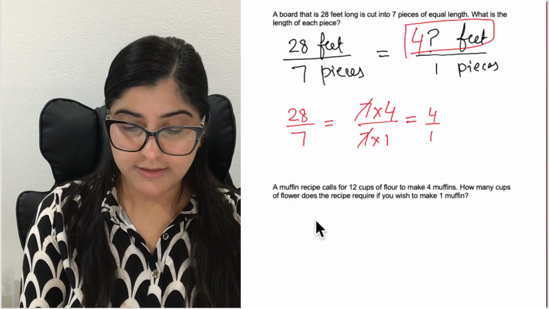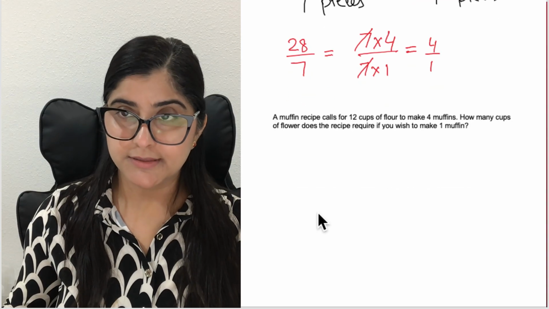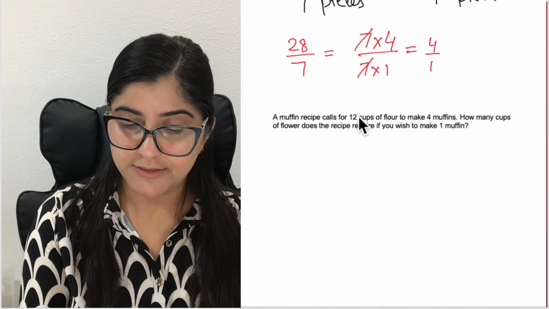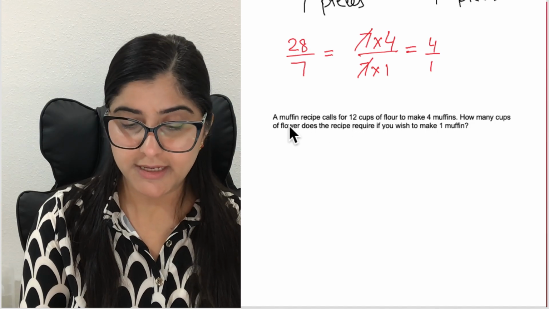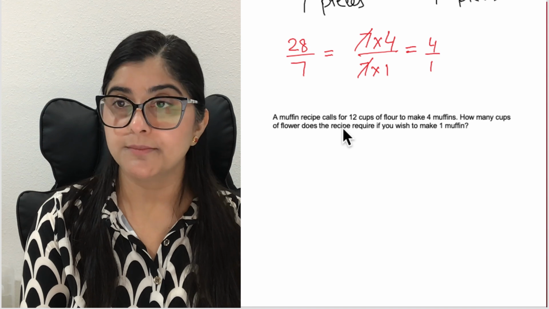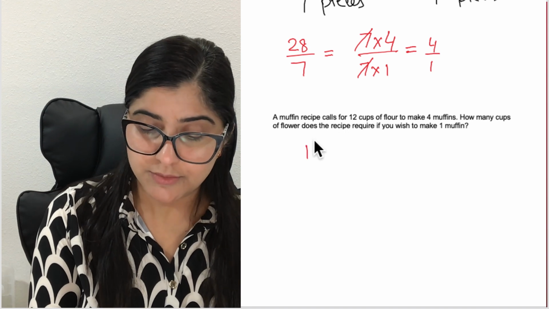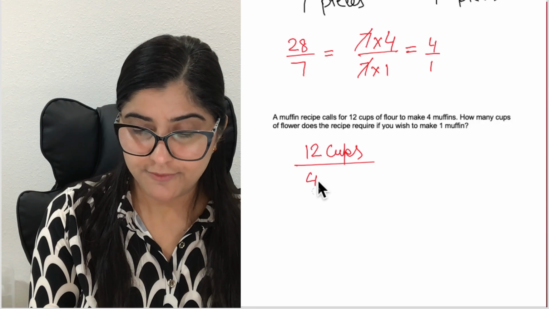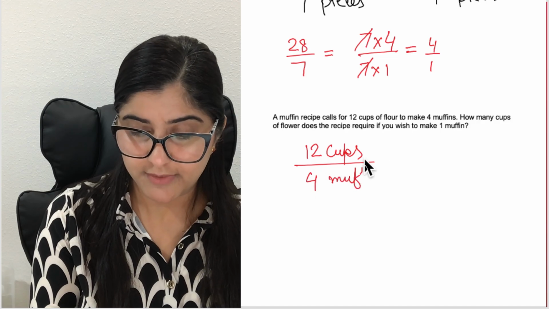Similarly, we can work on the next question and try to answer it. A muffin recipe calls for 12 cups of flour to make 4 muffins. How many cups of flour does the recipe require if you wish to make one muffin? So we need 12 cups to make 4 muffins. We write a fraction using the given information.